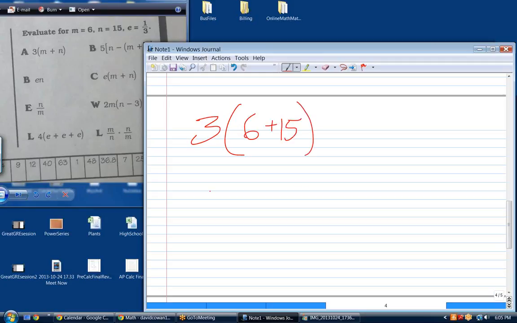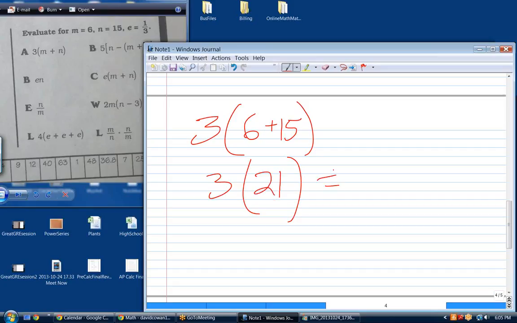Next line. Then you have to do 15 times 6. No. You have to add 6 to 15. Remember, it's adding 6 and 15. What does 6 plus 15 equal? 21. Now, do this one in your head.